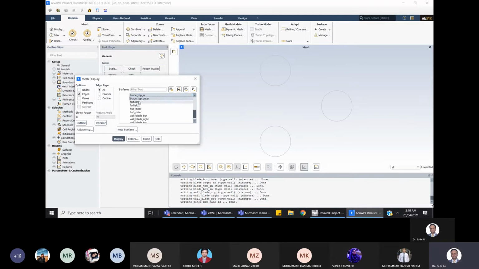So in total, there are 6 circles, 2 for each blade zone. Similarly, for the far field, for the hub inner and hub outer, we will have these 2.